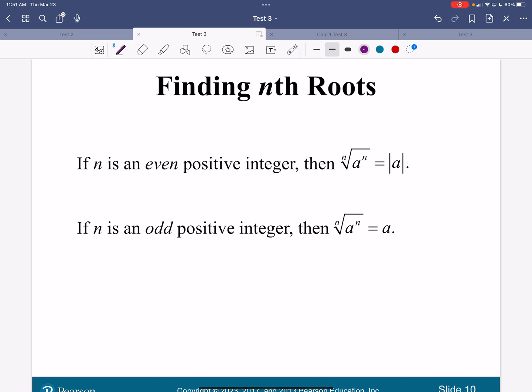So let's talk about what that would look like. So if I've got negative 4 squared, and I want to take the square root of that. Now remember, I don't have to have this 2 right here, but that's what a square root means. There's a 2 there. What this means is I've got to simplify this first. What's negative 4 squared?